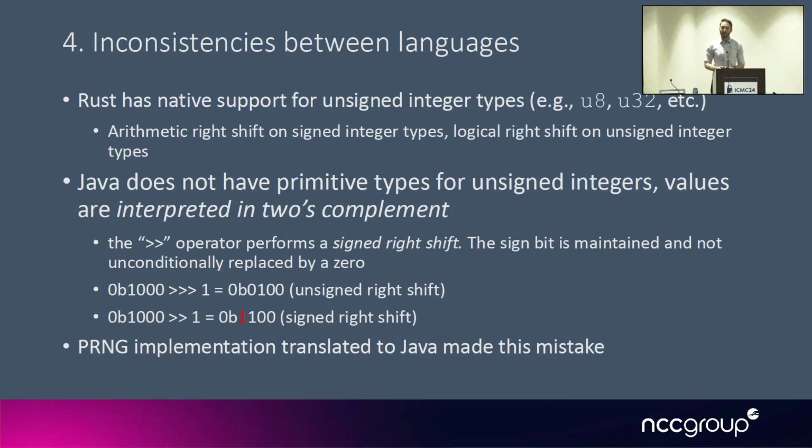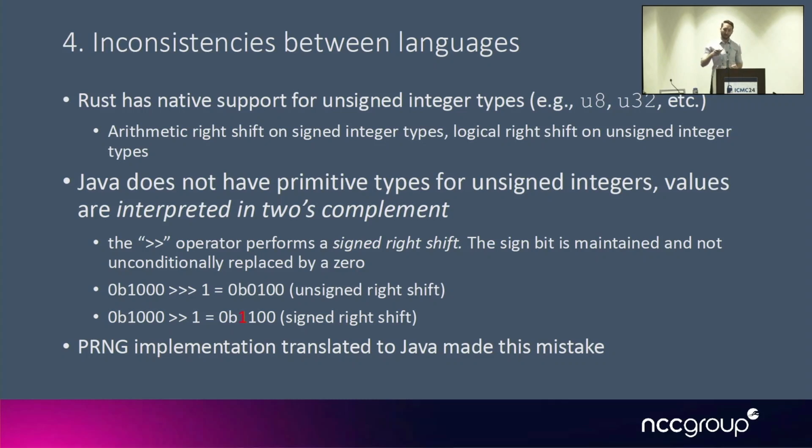Another example here is about right shift. Rust has support for both unsigned and signed integer types, and it does so natively. The behavior of the arithmetic right shift is different depending on the type that we're trying to shift.